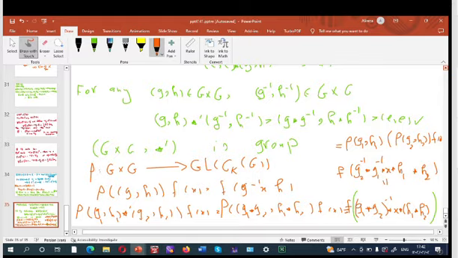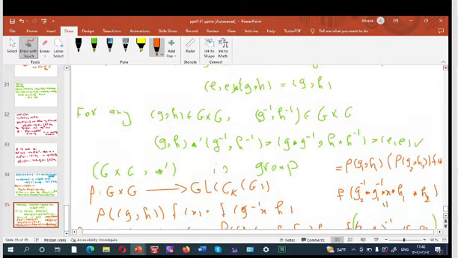because rho of (G2, H2) of f of x is equal to f of G2 inverse x star H2.